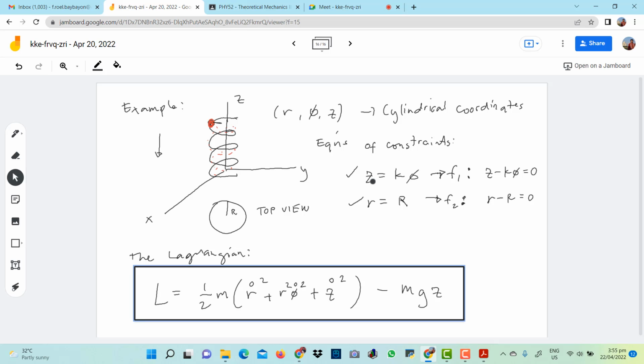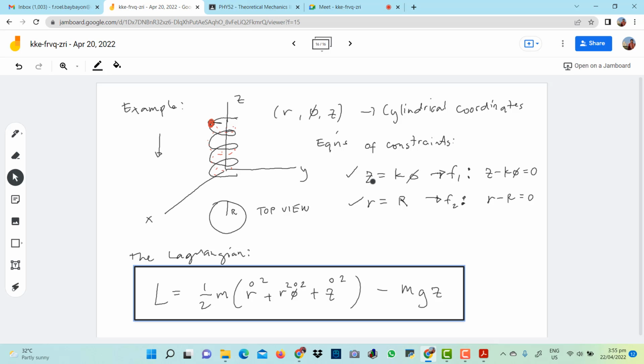Again, if I use method 1, just substitute z equal to k phi and r equal to big letter R. The variables r, phi, z will be reduced into one single variable, phi, so your Lagrangian is just a function of phi.